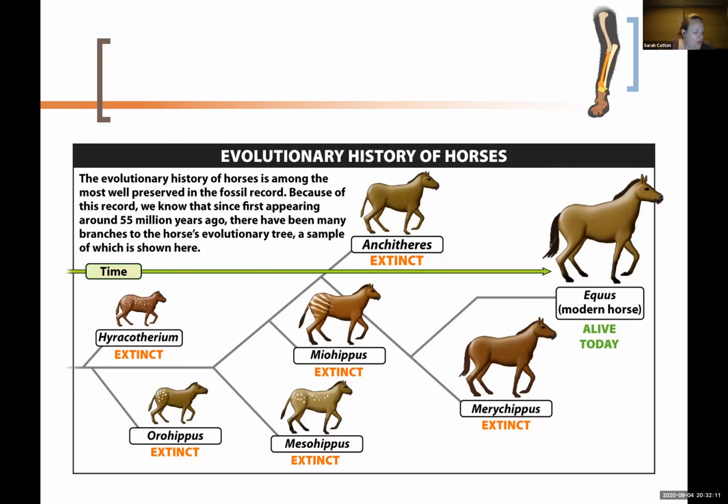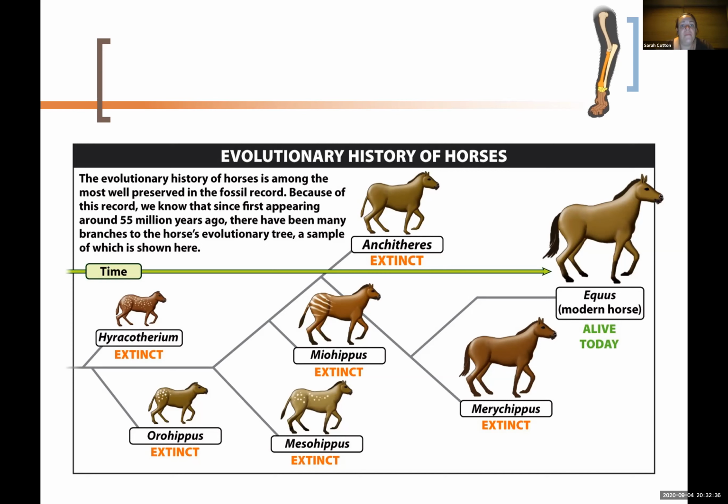Like I said a minute ago, the fossil record is not complete because not everything fossilizes. Some groups are better represented than others. So it turns out that we have a pretty good record of all of the ancestors of horses, right? Modern horses all the way back to the first horse-like critters.